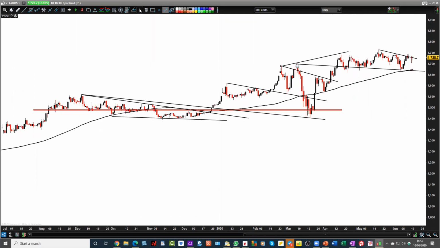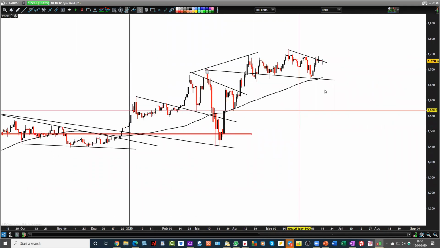Let me just put that back in the middle of the screen again. So I've been buying lows up here, topping up on any pullbacks. And so what we now need to see on the gold, if this is going to really move, we've got to close above that pink zone, which I think we will do.